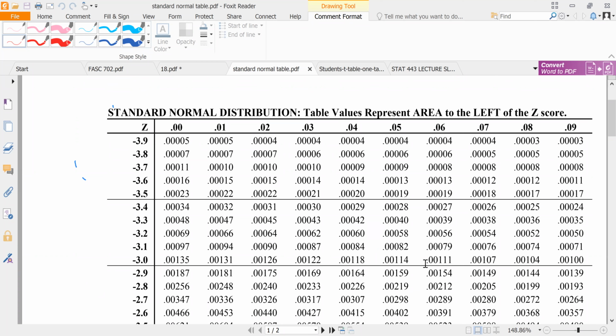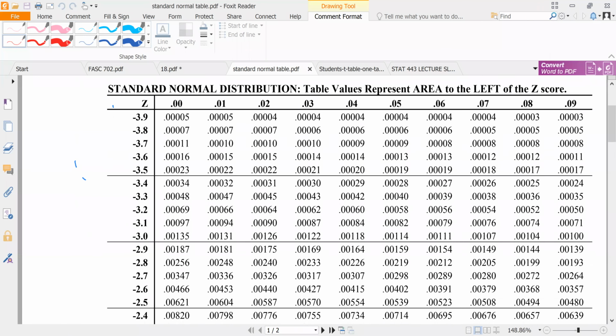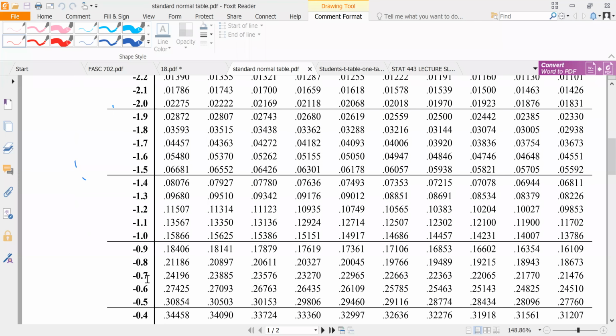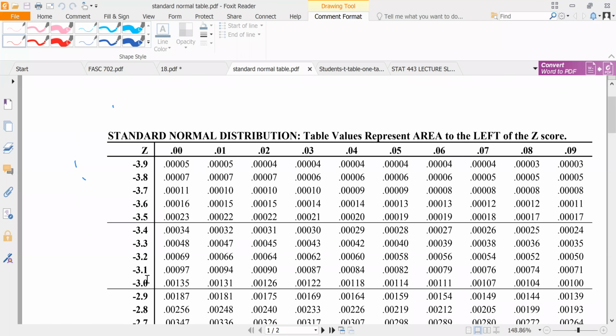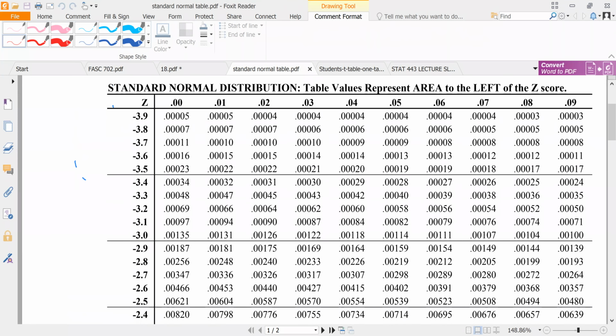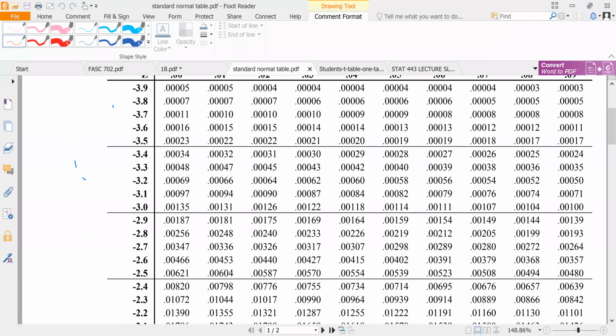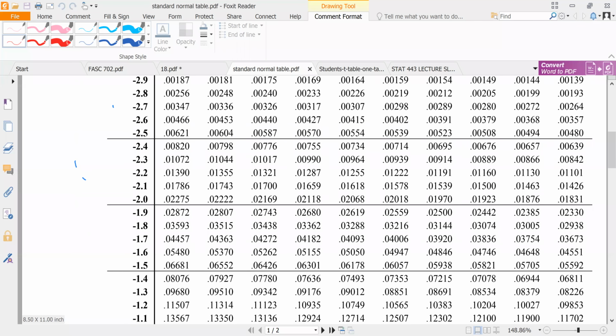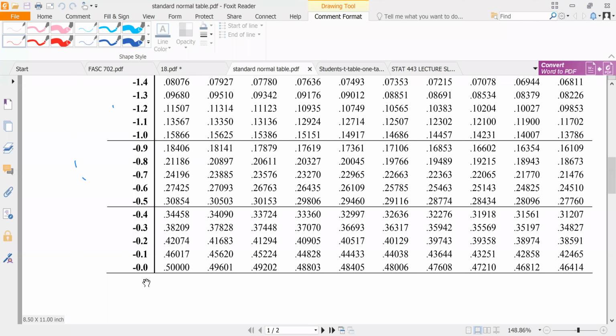And the Z values are listed over here on the left column. All those are possible values of Z. Now, what you note is that from the least value of Z, as you progress, the values of the probabilities keep increasing as you keep on increasing the value of Z.